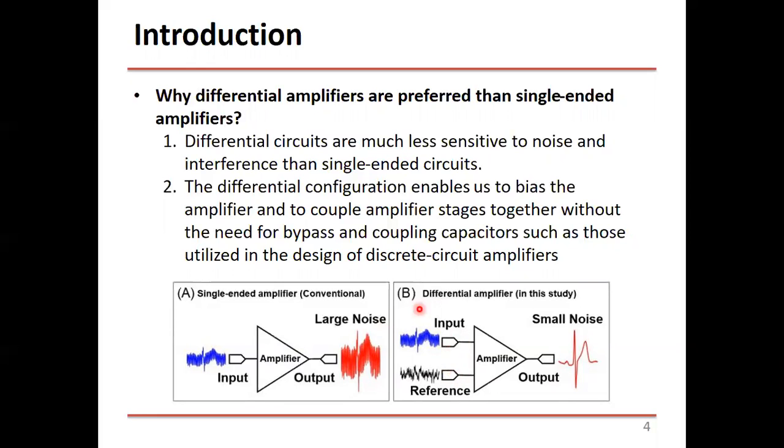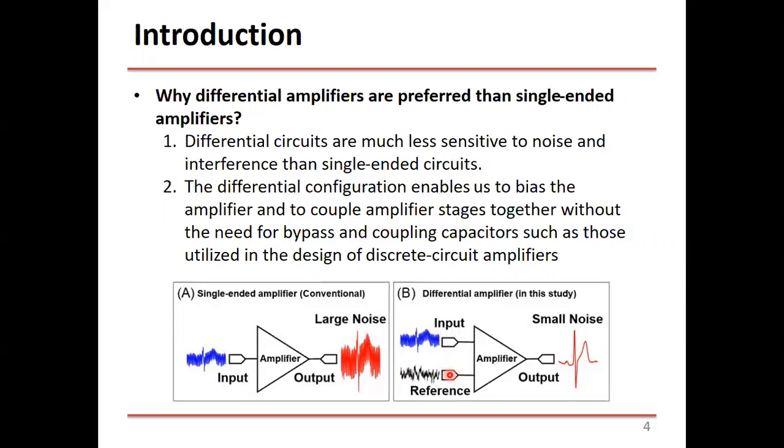Now this one will pick up the signal, but this one is not picking up the signal because this is the ground. And the noise will hit both at the same time. So you have here the signal plus the noise, but here you have only the noise because this is the ground, the reference.